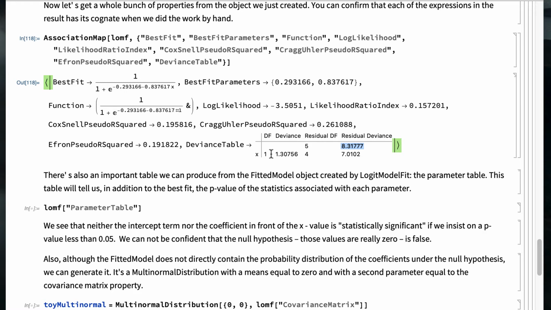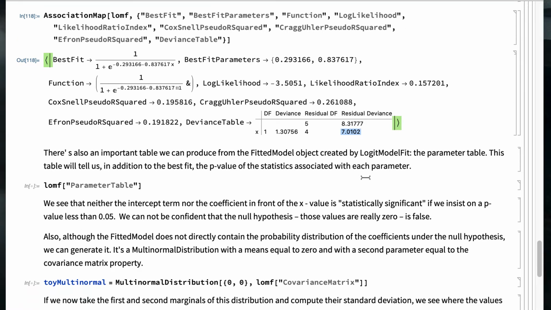And similarly, remember that 3.5051 number? Well, if you double it, you get this value. And so the deviance table, which I'm not going to spend too much time on today, does contain indirectly information on our log likelihoods for different models.